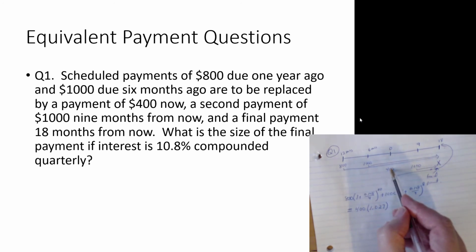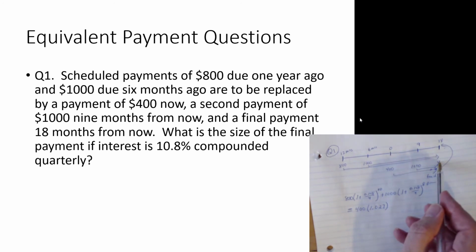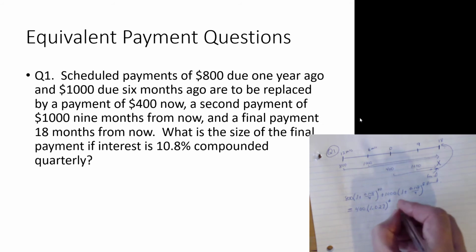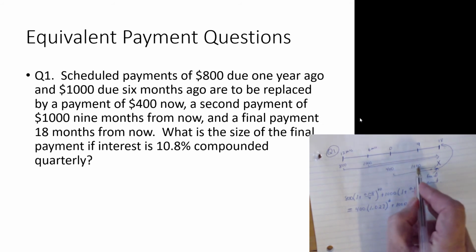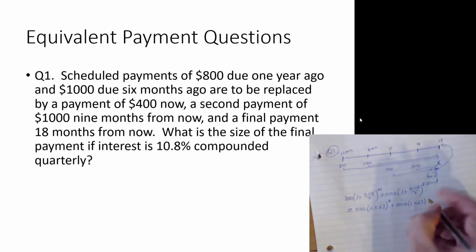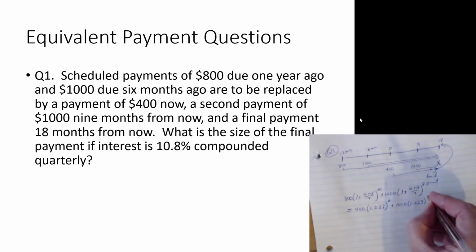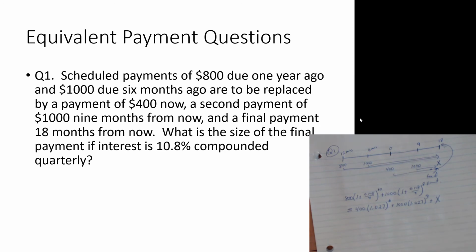Now, from 0 to month 18, how many quarters is that? 6, right? 18 divided by 3 is 6. Plus $1,000 payment on month 9, 1.027, and 9 months difference there, so that's 3 quarters, and then plus X, right?